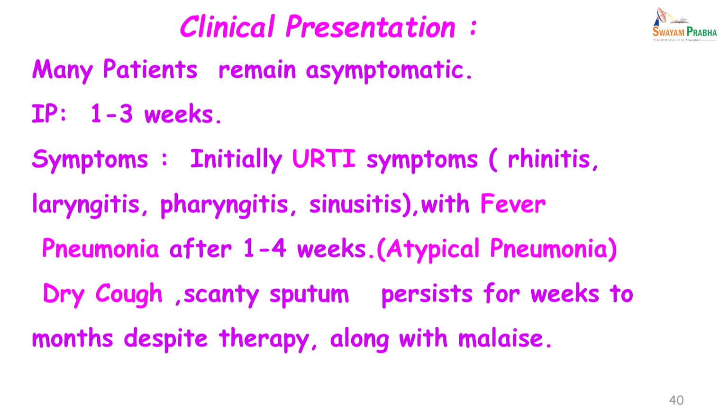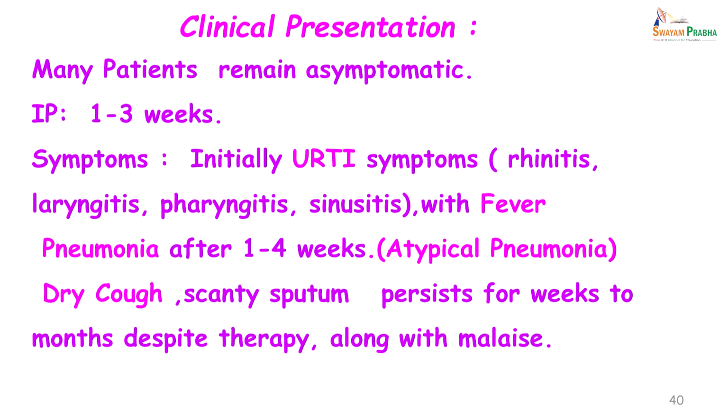As far as the clinical presentation is concerned, most patients are asymptomatic. The incubation period of this disease is 1 to 3 weeks, and the symptoms are very often like a viral infection, with upper respiratory tract symptoms, rhinitis, laryngitis, pharyngitis or sinusitis with fever.